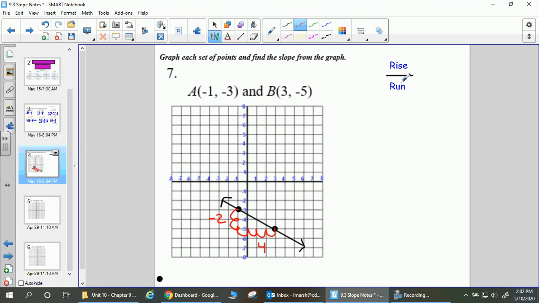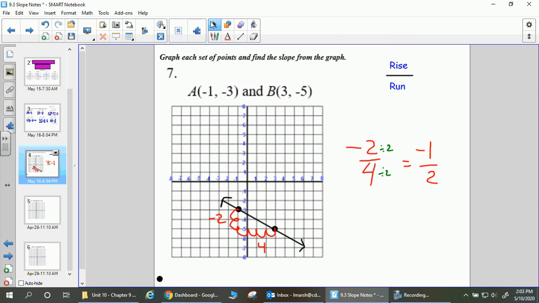So when I make my fraction rise over run, -2 over 4. And we always want to simplify, right? So both of these can divide by 2. And so if we do that, our slope is -1/2. Okay, so that's how we can get our slope from a graph.